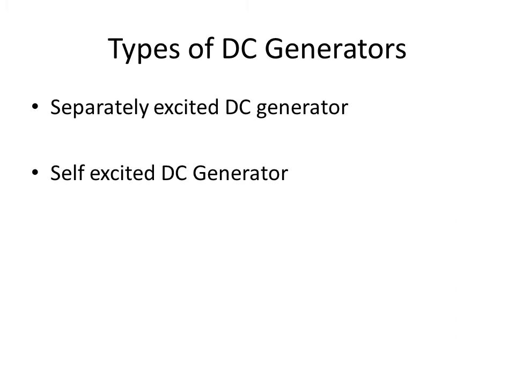So what are the types of DC generator? Next topic. We divide DC generators based on how the field coils are excited. Field coils means the set of conductors or coils placed on the magnet. They are not placed on the armature structure. The magnet along with the field coils is the stationary part, not the rotating part.